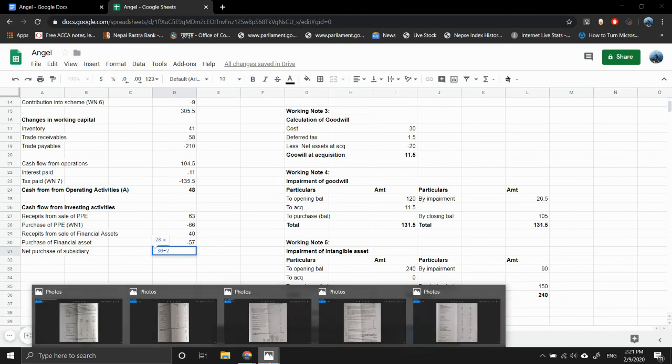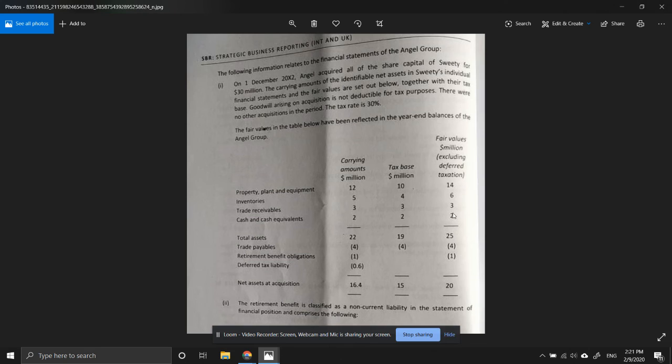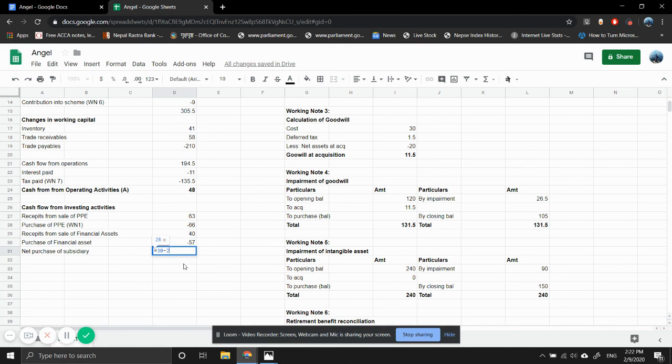It has a cash and equivalent of 2, right? So even though we paid 30, we have only paid 28 because 2 has come into the business. This 2 is the cash that we have control over, so that's why we subtract it. Always remember that. The cash that we have acquired, we subtract it. When we are disposing any subsidiary, the cash that we've lost control over will also be subtracted from the proceeds, okay. So we always use the net figure.